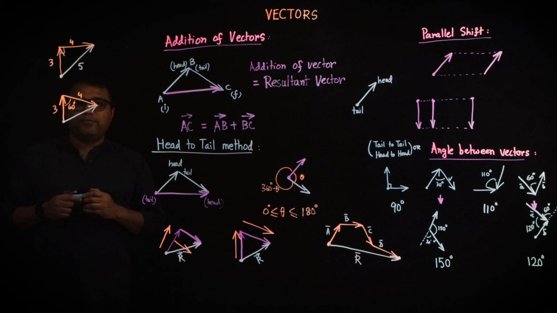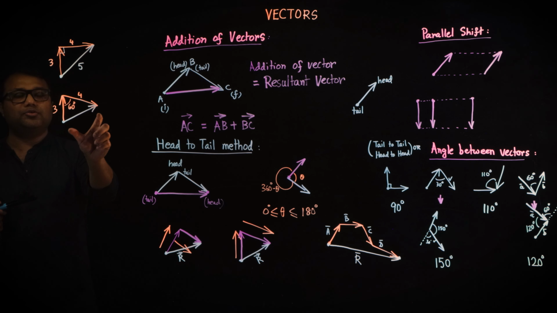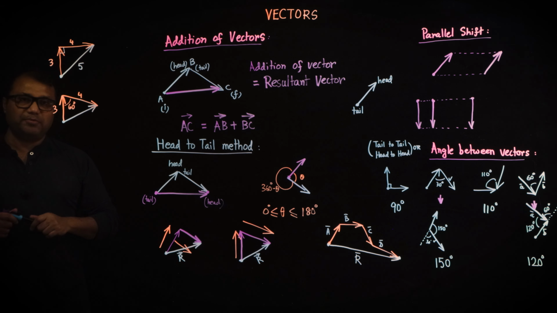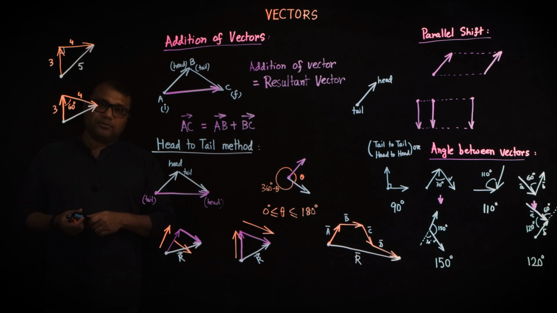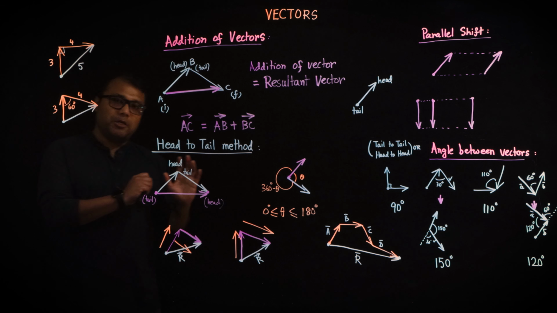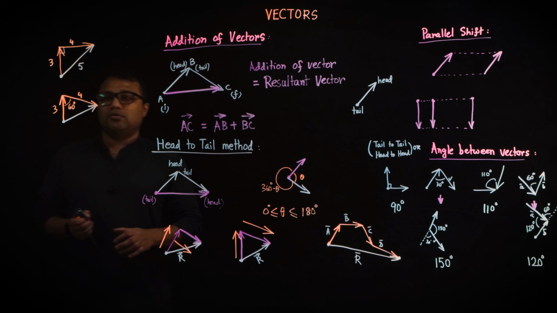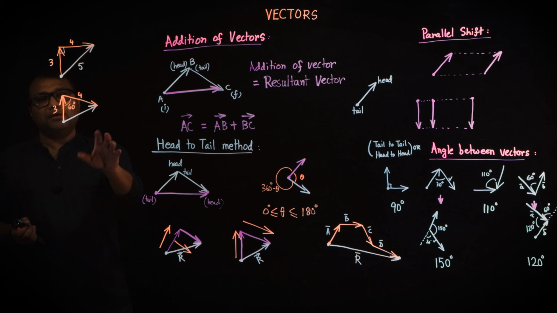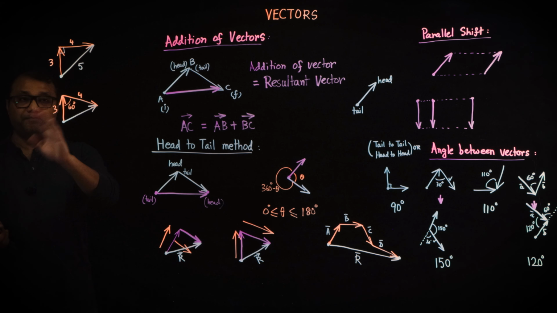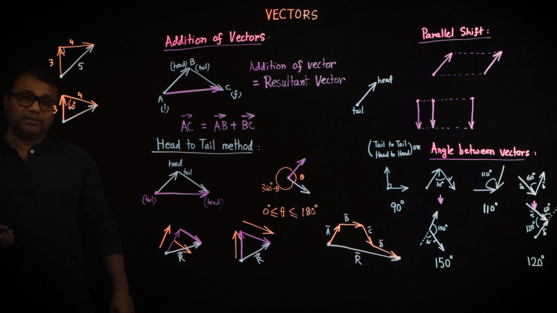But now I have difficulty finding out the magnitude of this unless I know some trigonometry. So that is where we will go into the parallelogram law of addition to find out a neat formula so we can find out the magnitude of this as well as the direction of this vector compared to either the first vector or the second vector.